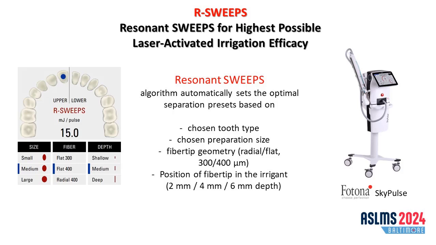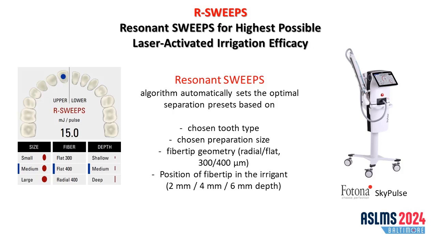And now these algorithms are part of the system. The doctor just selects the tooth type, medium, small, large, and the device itself determines the right timing for any fiber tip, energy, or other conditions.